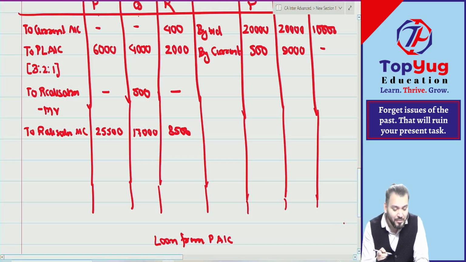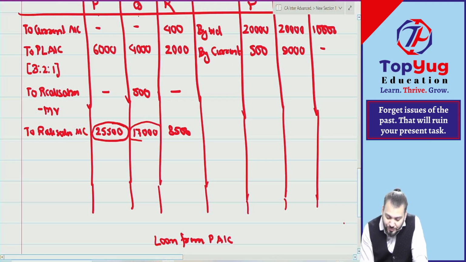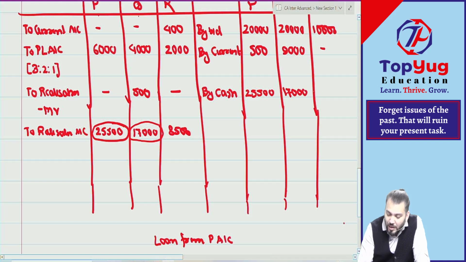So can I say P and Q? Who is the insolvent? R is insolvent now. So can I say P will bring how much, and Q will bring how much? This much, by cash: 25,500 and 17,000. I've already said this is a Bakwas point. We don't know what is the logic behind this, but we do as it is given.